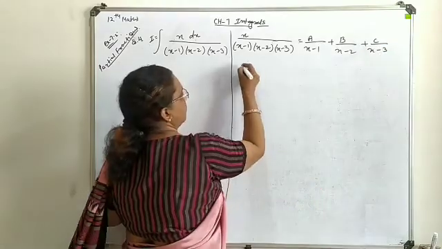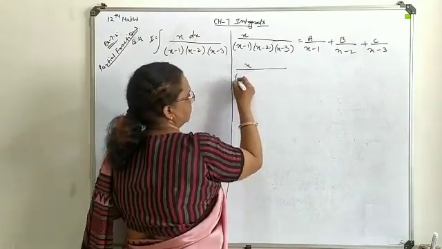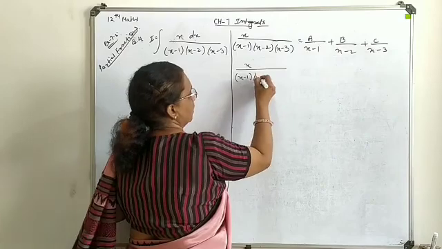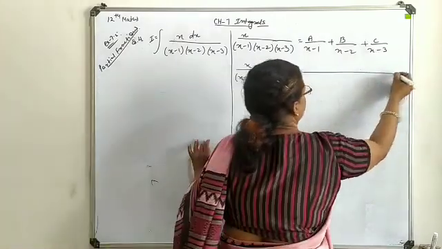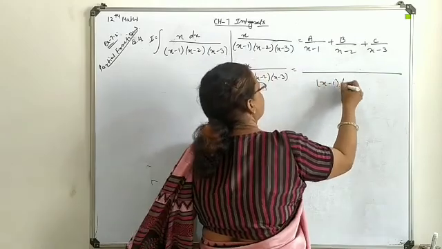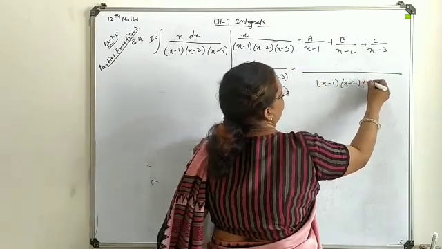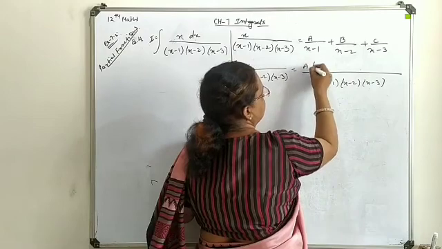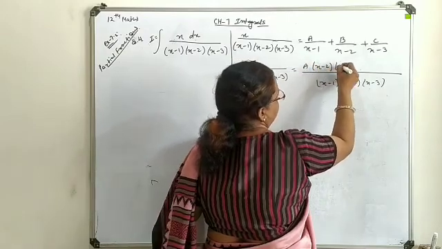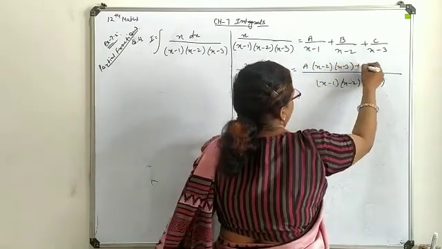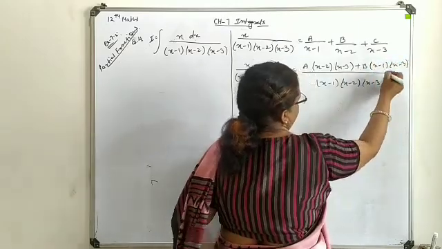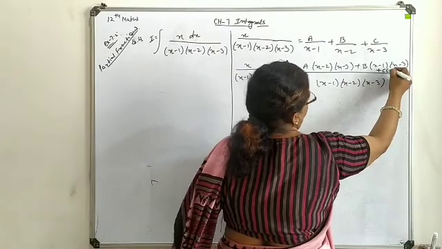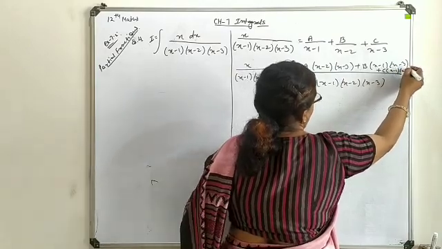Go for taking the LCM, keeping the left side as such. The denominator is (x minus 1)(x minus 2)(x minus 3). What will you have here? A(x minus 2)(x minus 3) plus B(x minus 1)(x minus 3) plus C(x minus 1)(x minus 2).